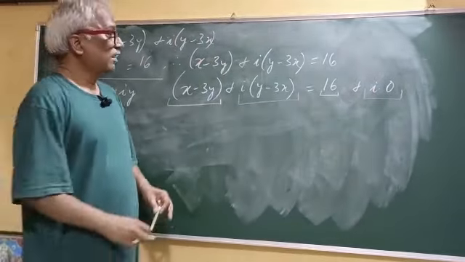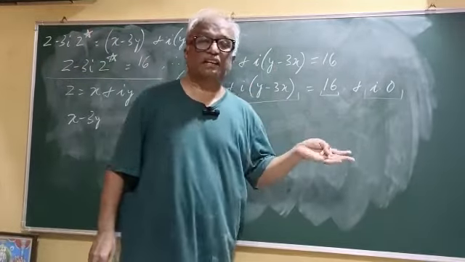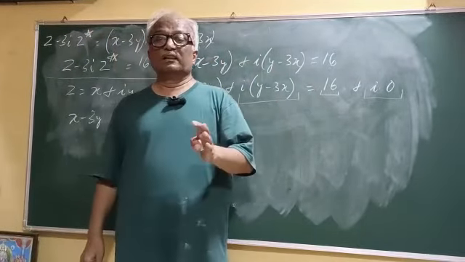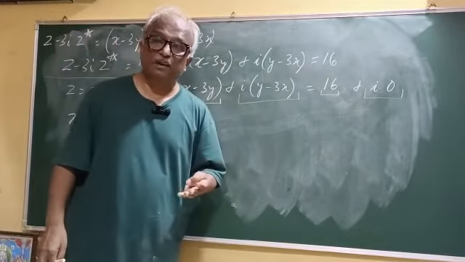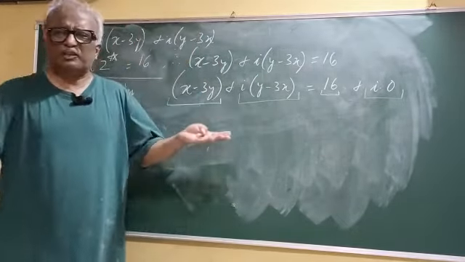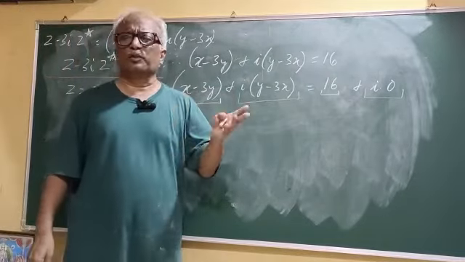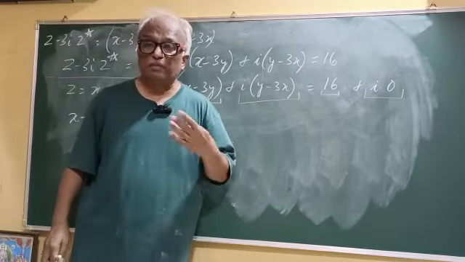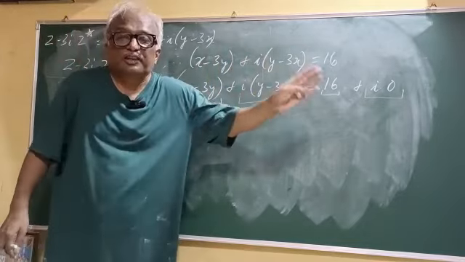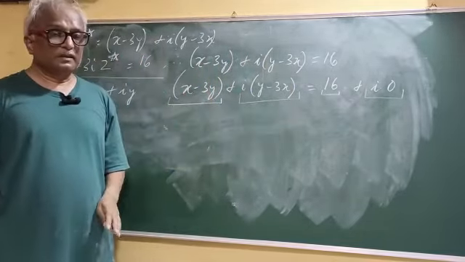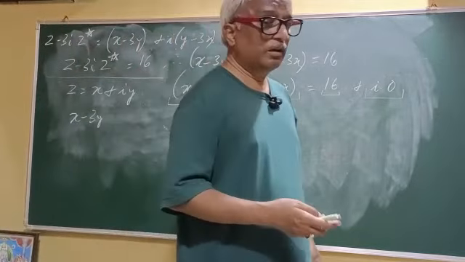For the left hand side and the right hand side to be equal, the real parts should be equal and the imaginary parts should also be equal. That's what we mean when we say two complex numbers are equal.